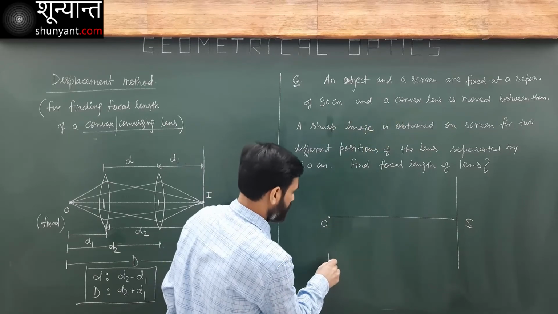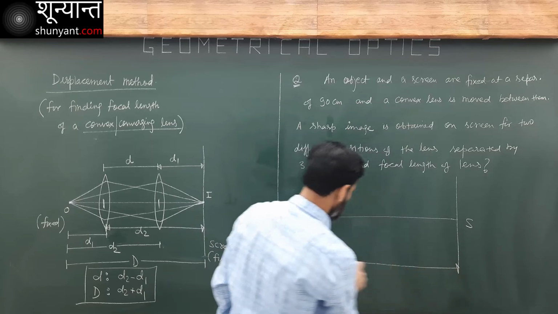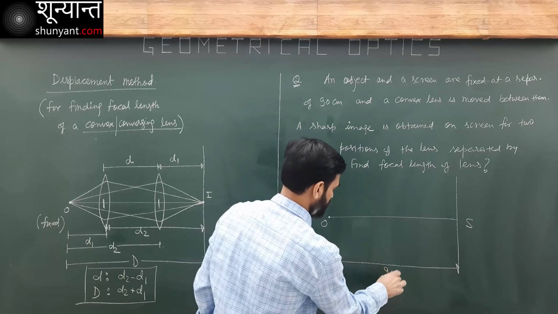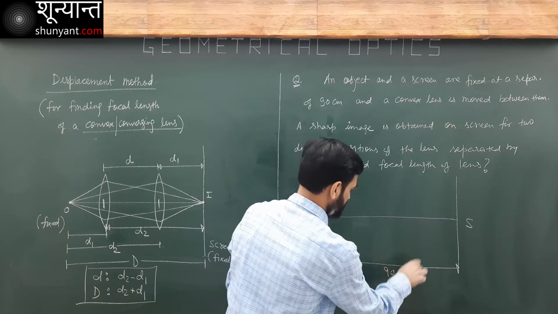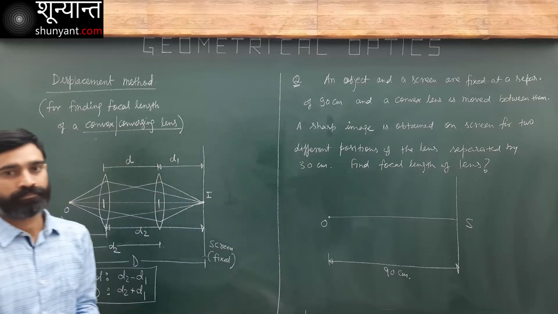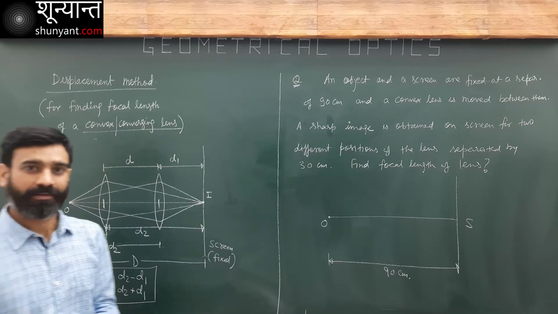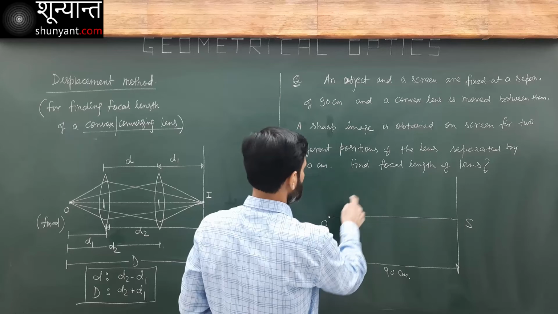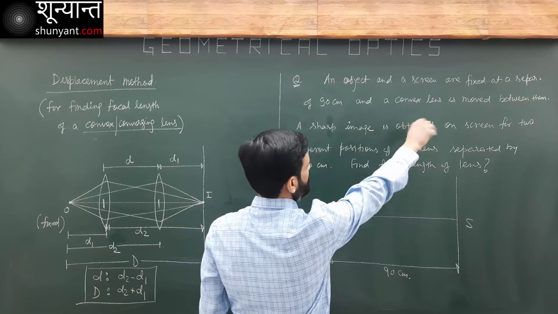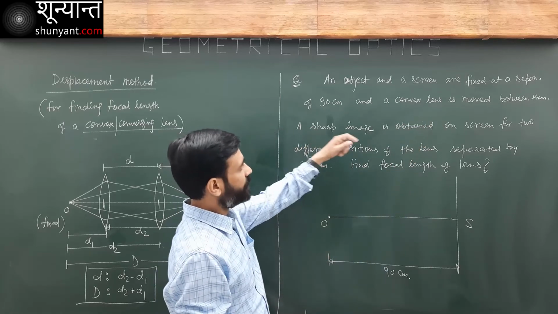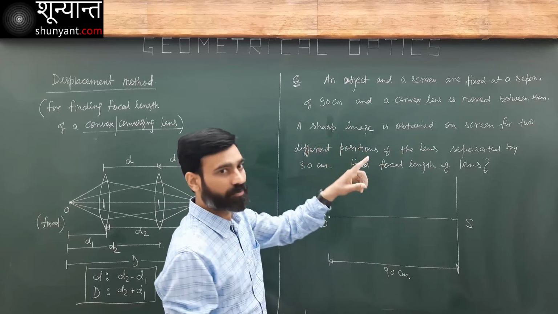The distance from here to here is 90 centimeters. Now, I am moving a lens between them. A sharp image is obtained on screen for two different positions of the lens.